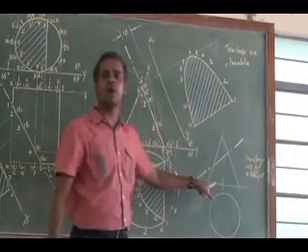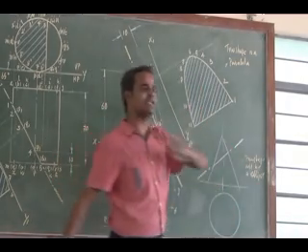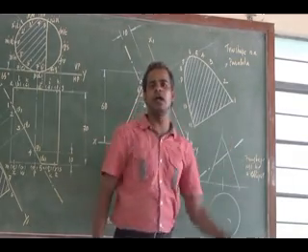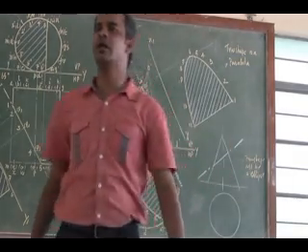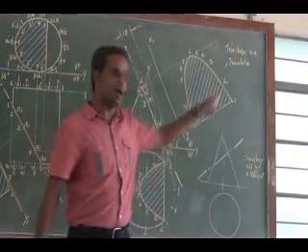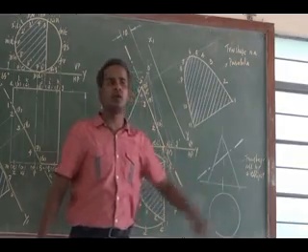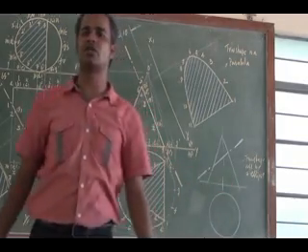So you may get a problem like this: a cutting plane which cuts all the generators, where the inclination and the location of the cutting plane will be given. The true shape will be a parabola, but the apparent shape will be a different one. It won't be a parabola. It will be a different apparent section.